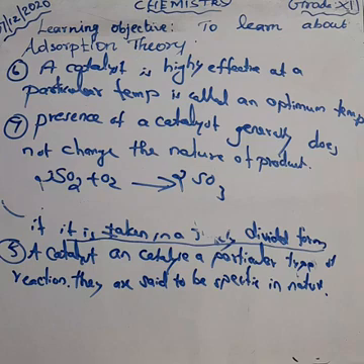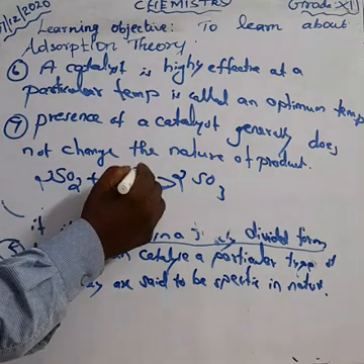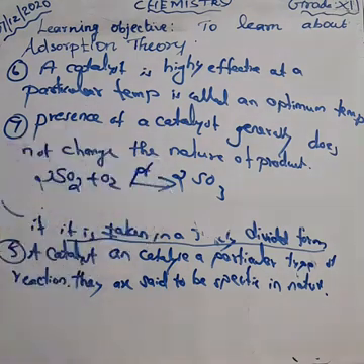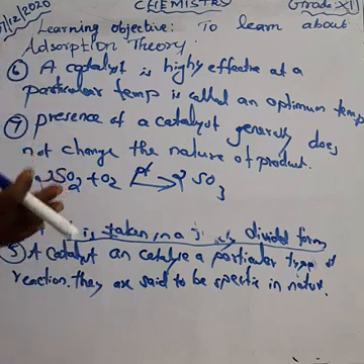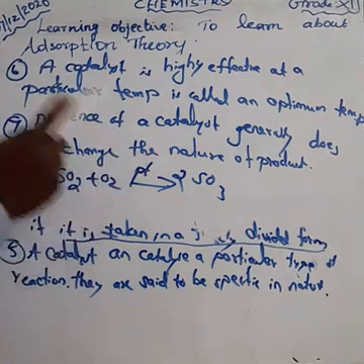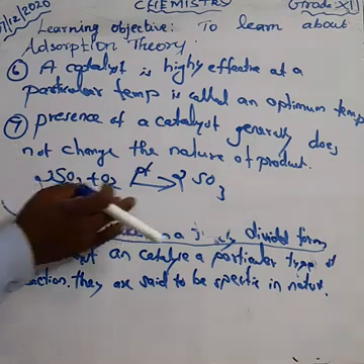But we are adding one of the catalysts, platinum, Pt, a small quantity of catalyst for this reaction. Now the reaction is going fast. Actually, the reaction is going slow, but when we add platinum, the reaction goes fast.